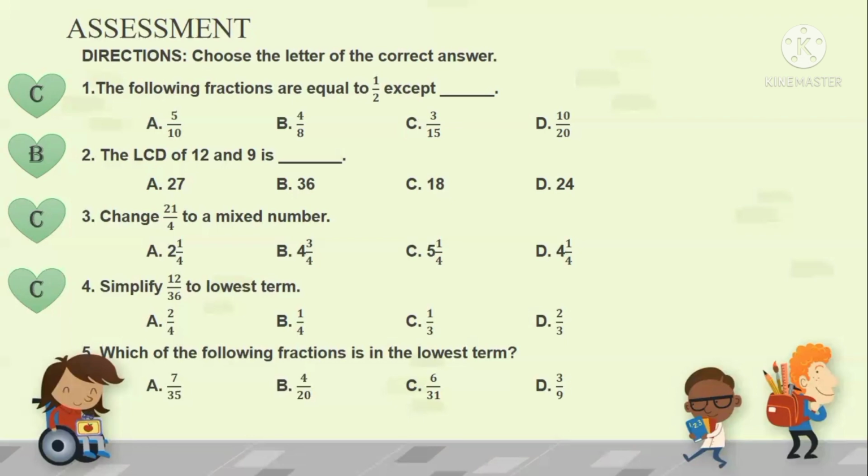Try to choose among all those fractions. It is 6/31, letter C. Correct. Very good. So now let's continue. You're going to continue answering assessment number 6 to 10.